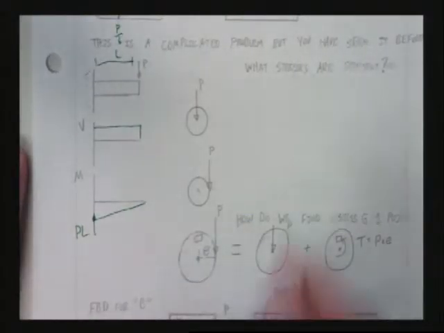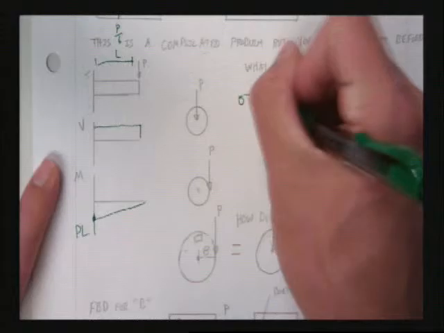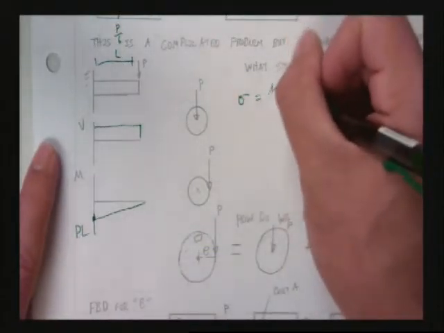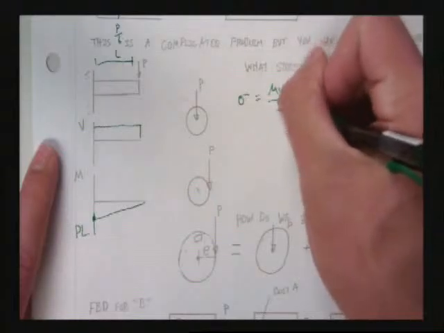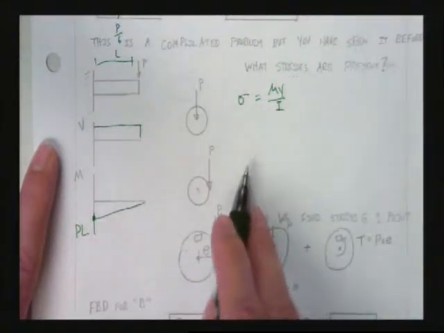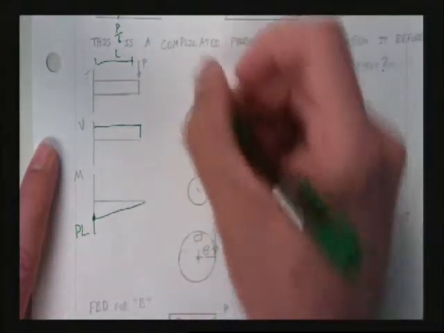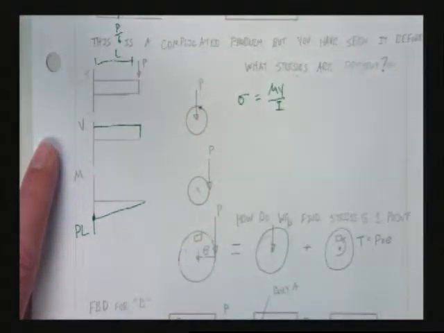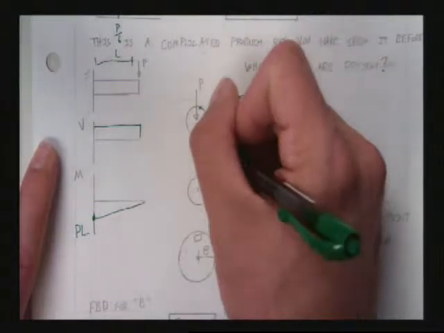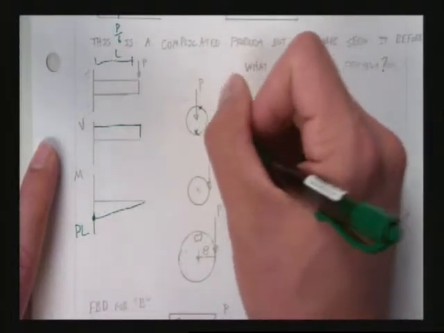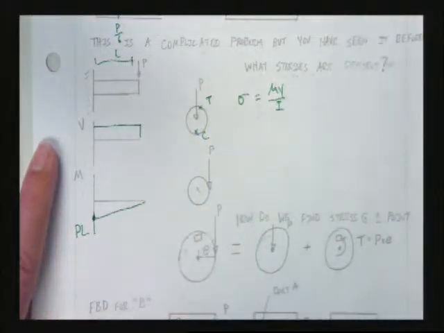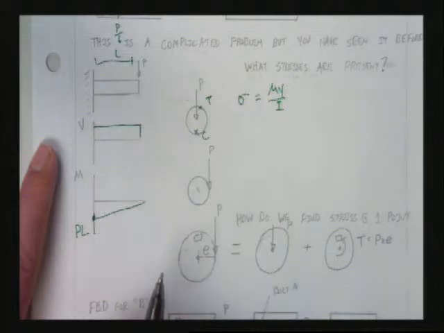How do you calculate bending stresses? What's the equation? My over I. And those stresses are normal forces, right? They're forces that are perpendicular to the face. So we're going to have compression and tension: compression on the bottom, tension on the top, coming in and out of the page. You with me? Are there any more stresses on that cross-section?